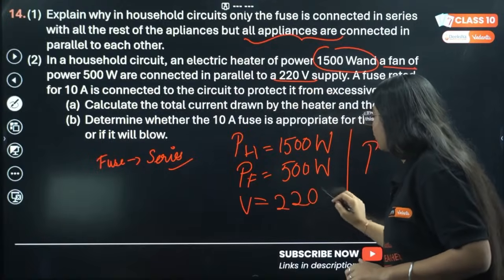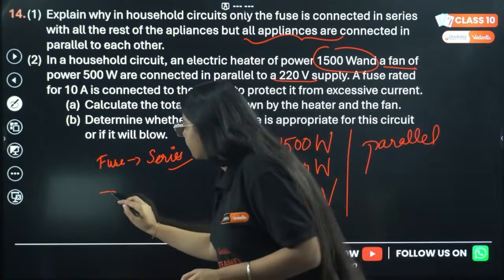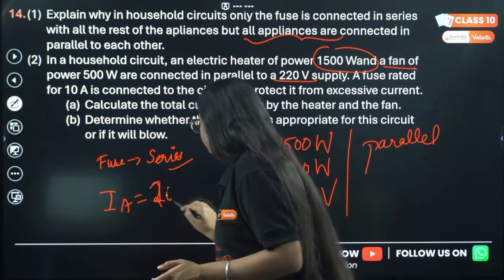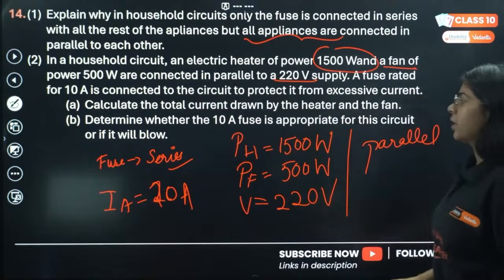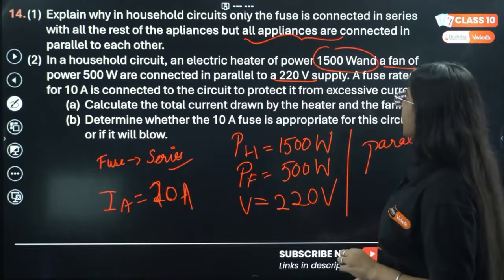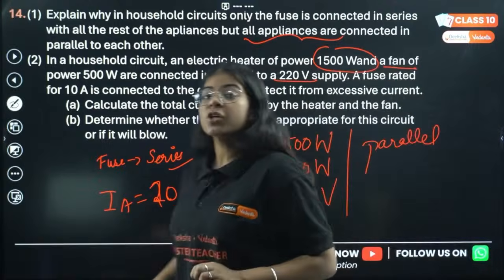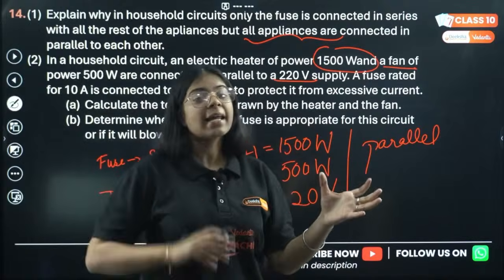A fuse of rating 10 ampere is connected to the circuit to protect it from excessive current. Calculate the total current drawn by the heater and the fan. Now we need to calculate the total current that was being drawn by our heater and fan.